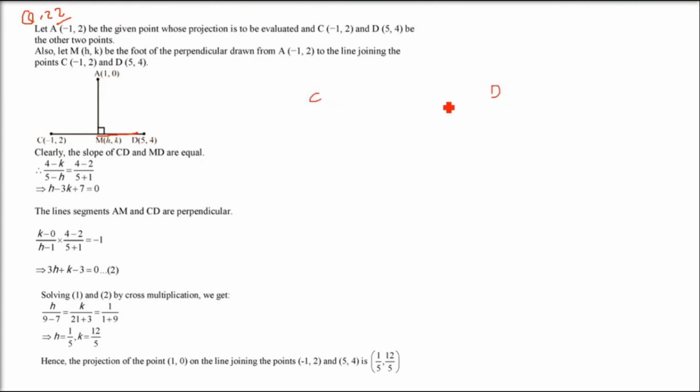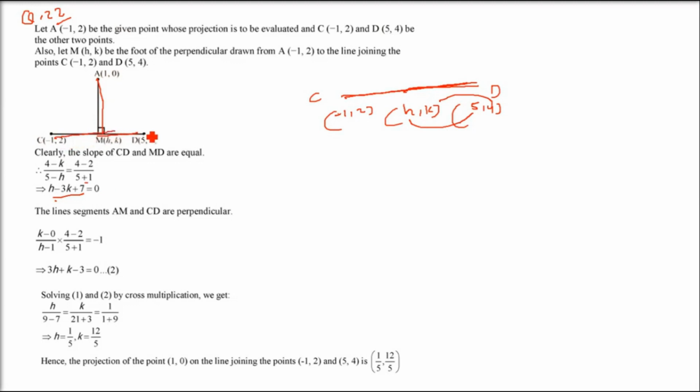The slope of DC is (4 minus k) by (5 minus h), so (4 minus 2) by (5 minus of minus 1) equals (4 minus k) by (5 minus h). So there will be one equation.